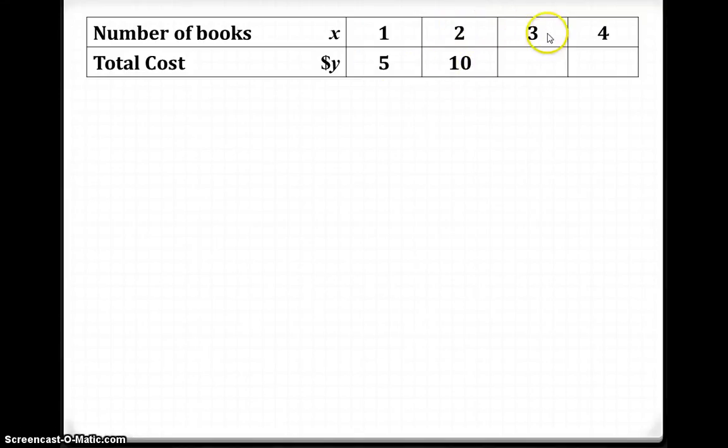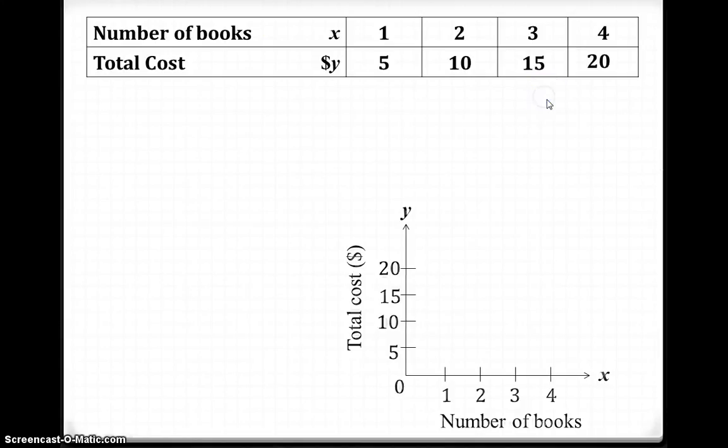So what does 3 books costing you? $15. What does 4 books costing you? $20. Good, very good. So we can see that in terms of the rising of the books, the more books, the more cost is costing you. So this is called direct proportion.